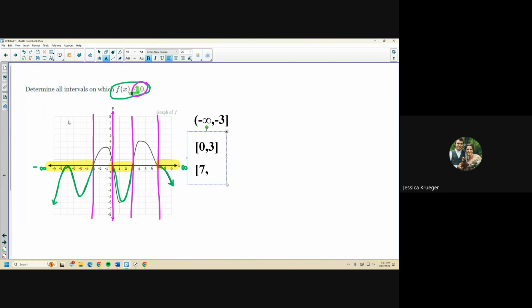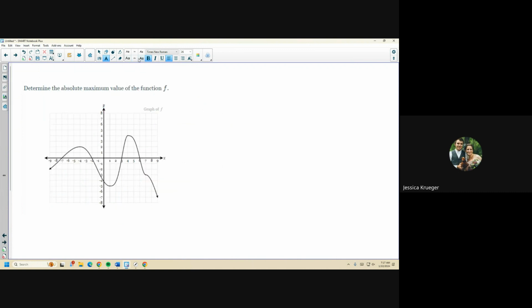So let's see, I should be able to put that in there. So 7 to infinity, infinity always gets a parenthesis. So these are the places where f of x is less than or equal to 0.